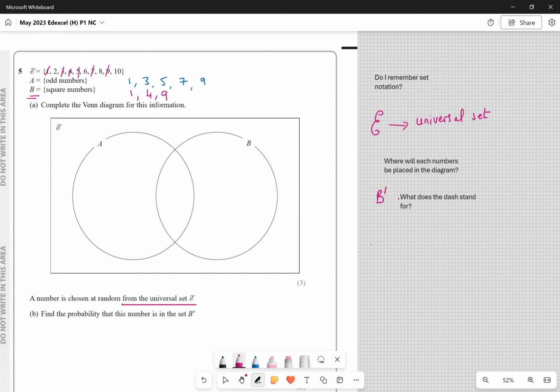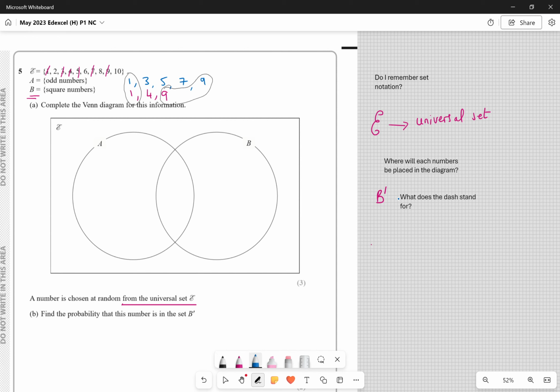So where do each of these numbers go? Well, first have a look at the members of set A and the members of set B. Are there any which are in both? 1 is in both. 1 is an odd number and a square number. And 9 is in both because 9 is also an odd number and a square number.